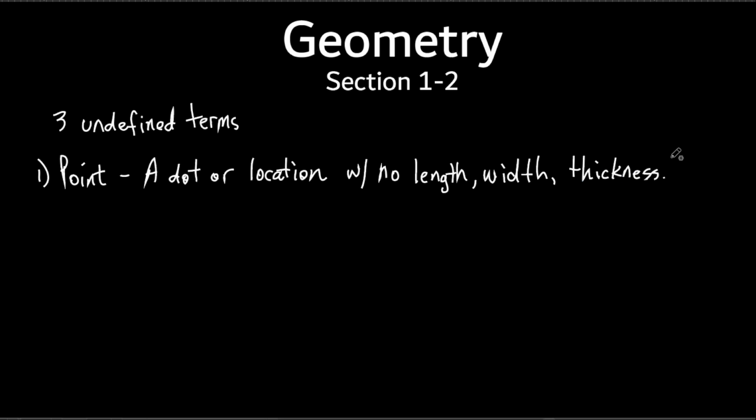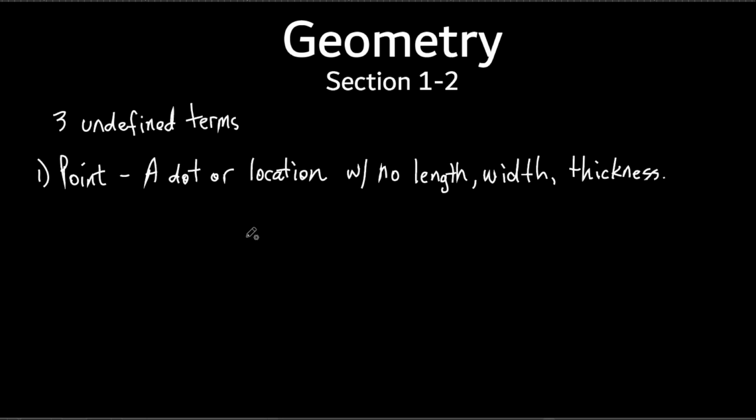You're like, well, how does something like that even exist? That's why we don't have a definition for it, because it doesn't really exist. It's just a description of where something is, okay? So an actual point, we can draw a point on a piece of paper, but that just describes where the point's located. Because remember, a point doesn't have any length, width, or thickness.